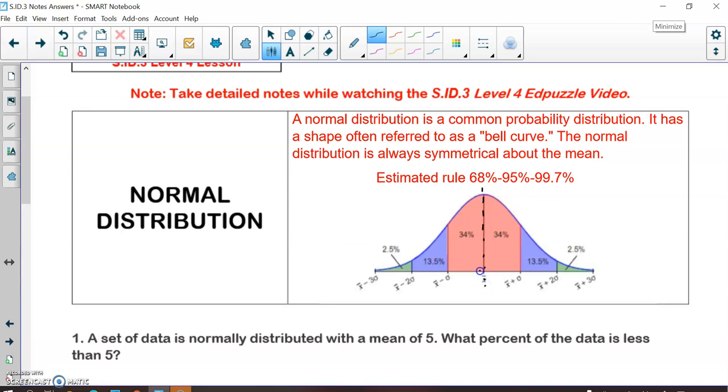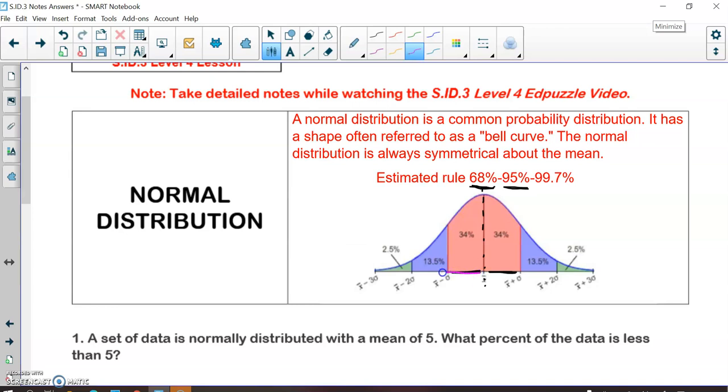This means about 34% of the data values fall within one standard deviation below the mean, and about 34% fall within one standard deviation above the mean, and that equals 68%.